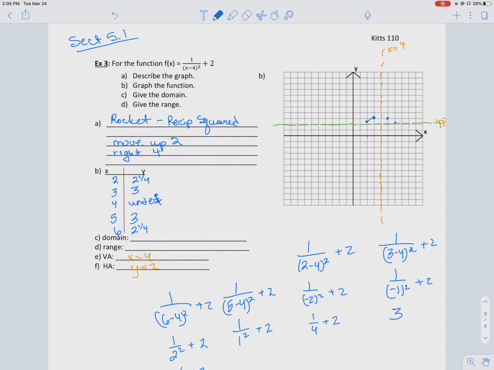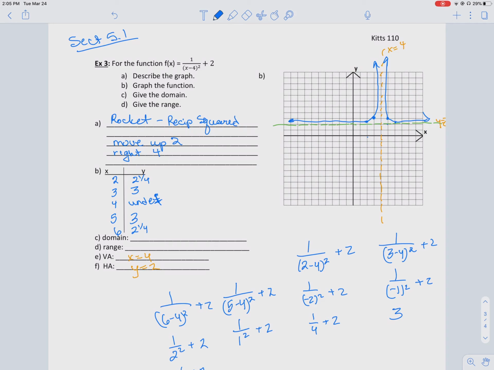So it's going to do like this, and then on that side. All right, so it does look like what we said. It's going to look like our rocket, and we've moved it up 2, and we've moved it to the right 4 places. Okay, so then let's talk about the domain and range.